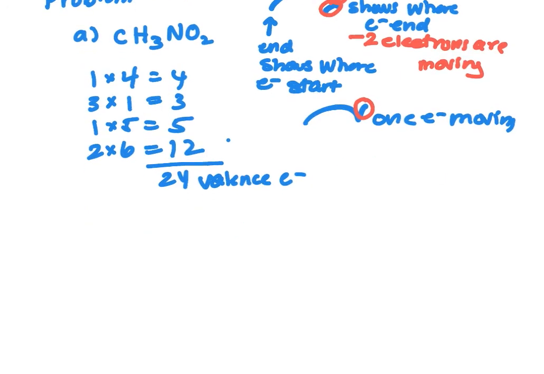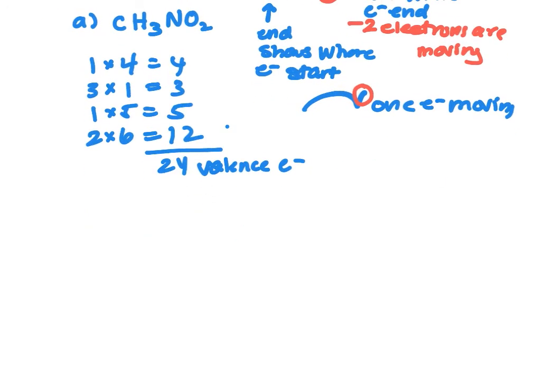All right, let's draw how this is connected. So we are going to have the carbon connected to the nitrogen, and then you're going to have the hydrogens attached to the carbon and the two oxygens attached to the nitrogen. Now, let's try drawing some lone pairs in and do a count because we have everything connected here.